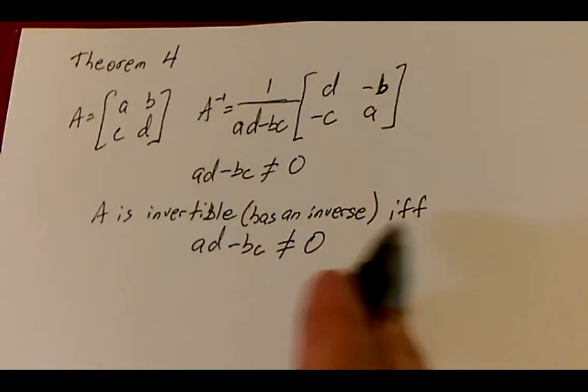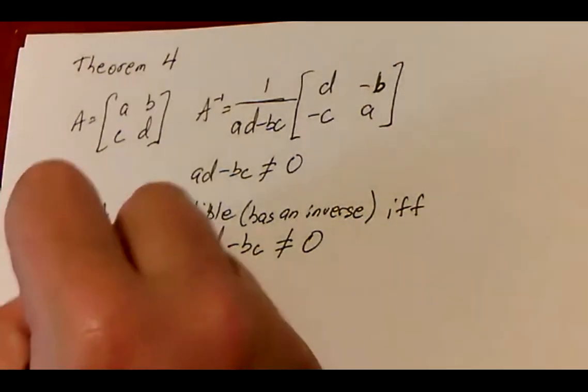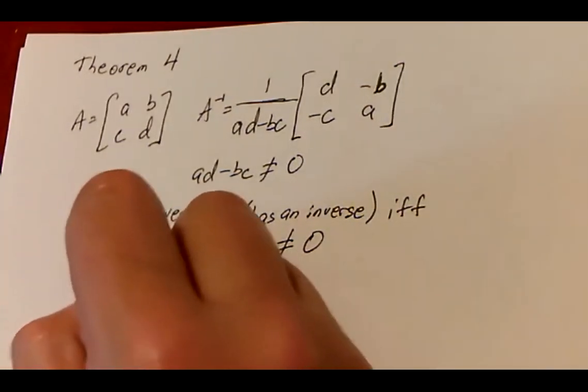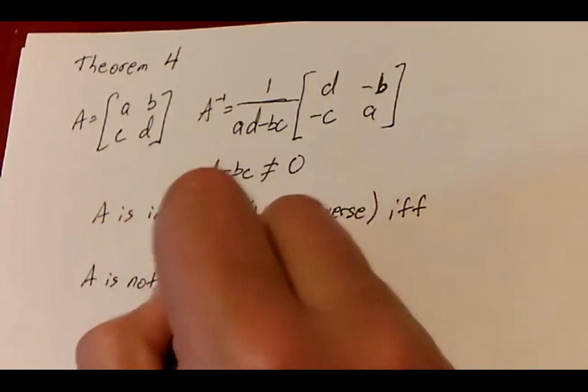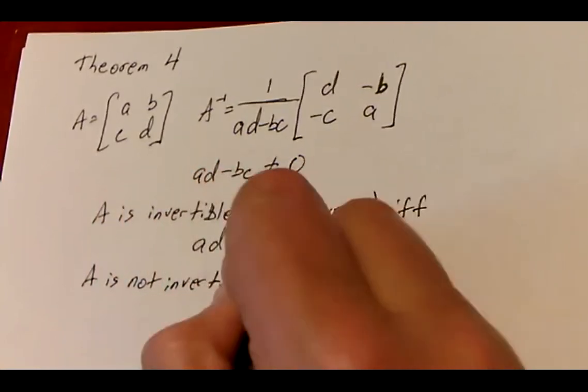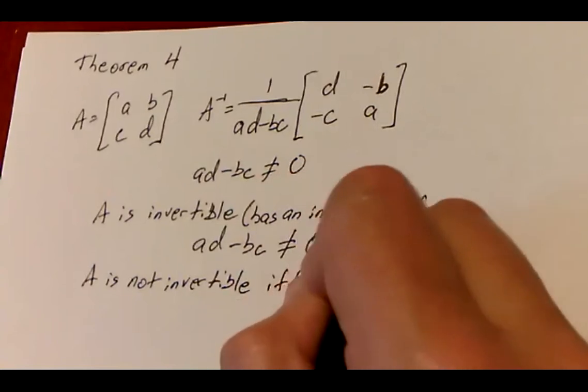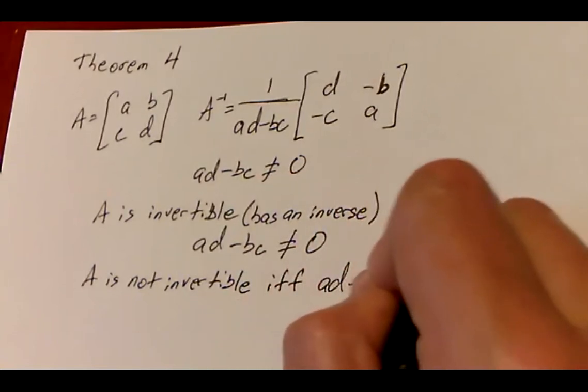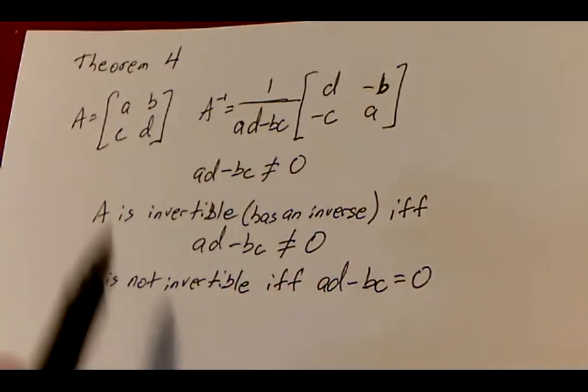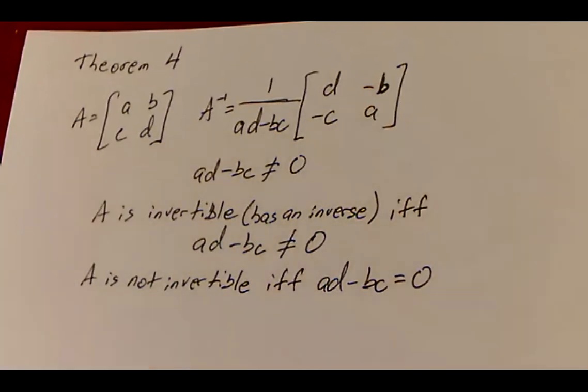Now, since this is an if and only if statement, we have a consequence here that A is not invertible if and only if AD minus BC is equal to 0. And that is for a 2 by 2 matrix of that form. Now we're going to expand this to higher dimensions as we go in future sections and chapters, but for now, just looking at this 2 by 2 matrix setup here.